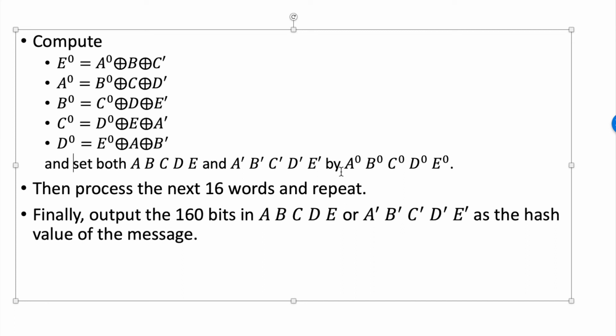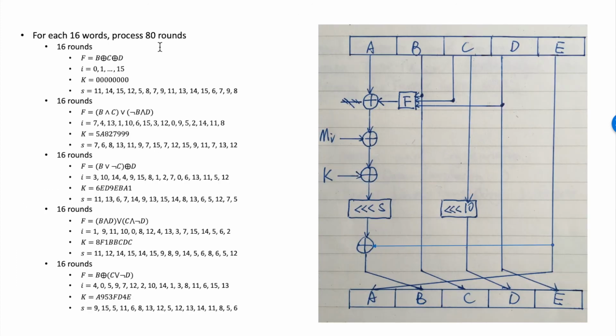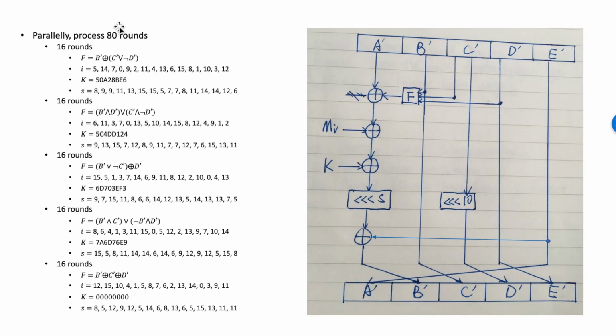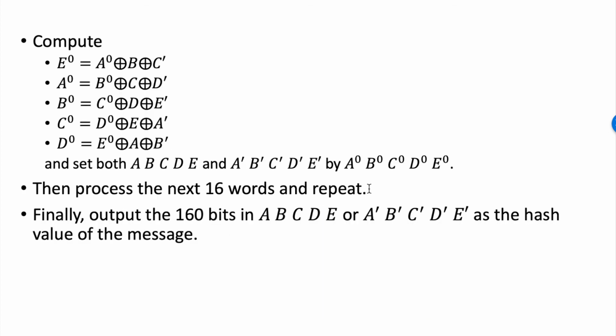And so then we will process the next 16 words of the message, also through these 80 rounds and in parallel through these 80 rounds. And then we will repeat this process until we have processed all N words of the message.